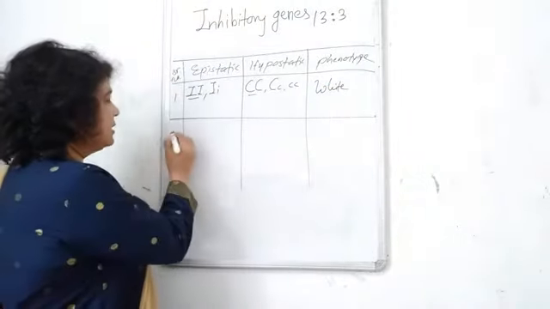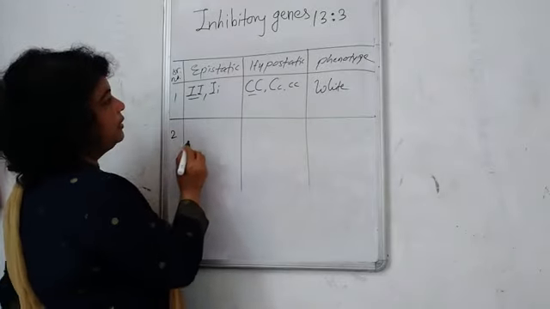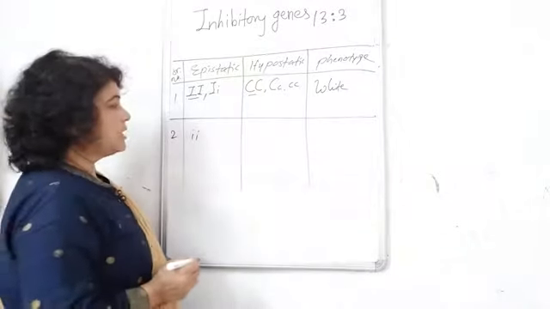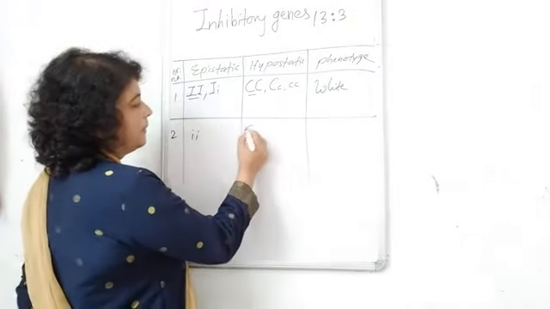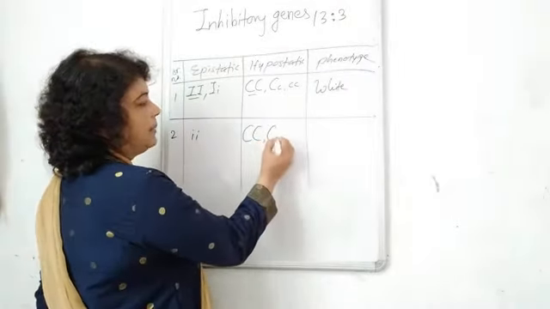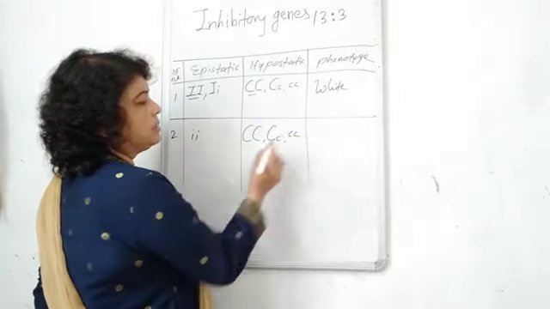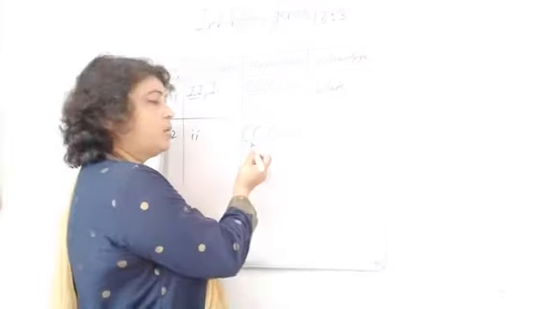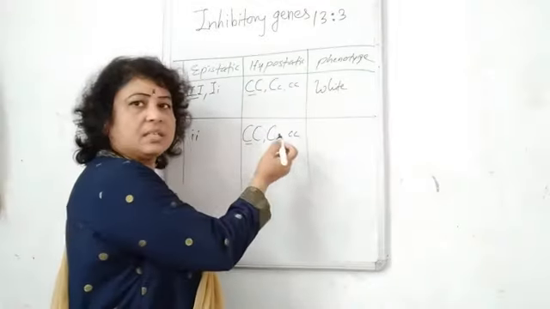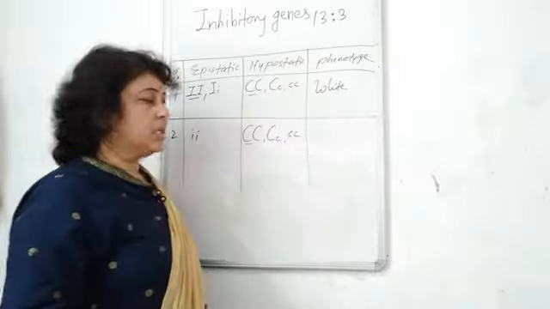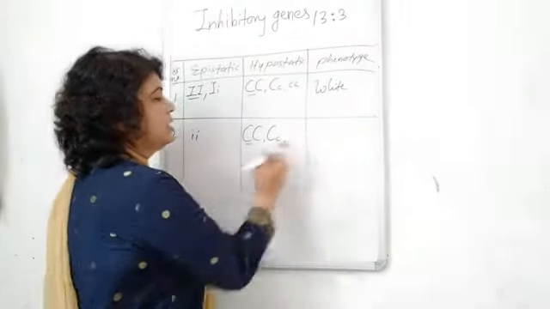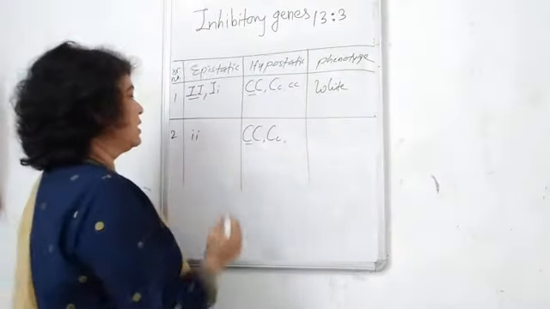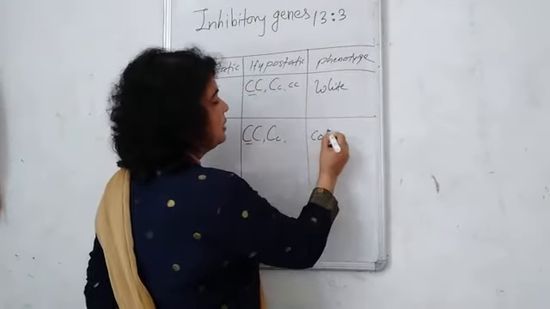The second condition is when I is in recessive condition, small i, and here capital C, capital C small c, or small c. The hypostatic gene may be homozygous, heterozygous, or recessive. In the homozygous and heterozygous dominant conditions, capital C or capital C small c, it produces the color.